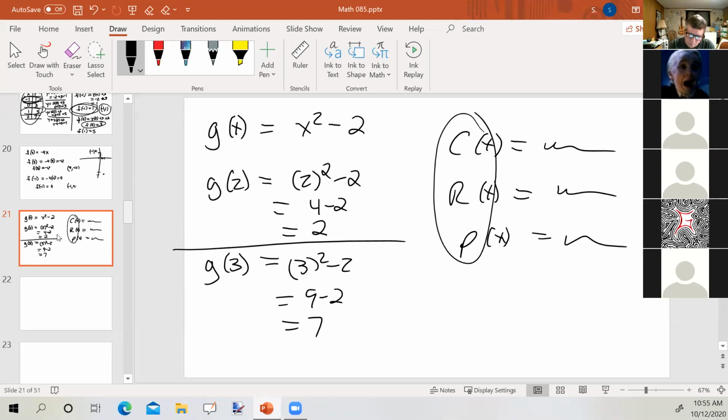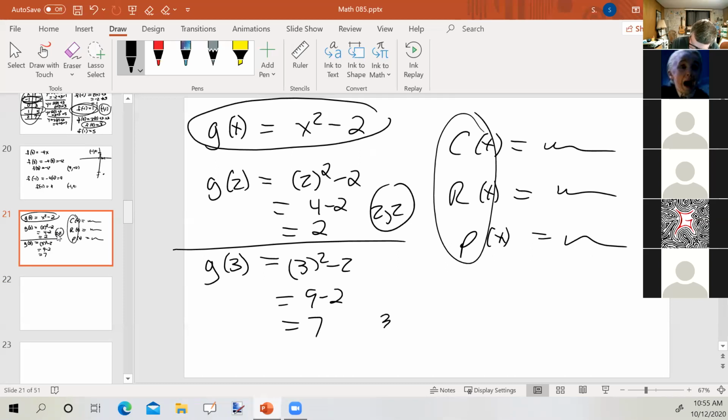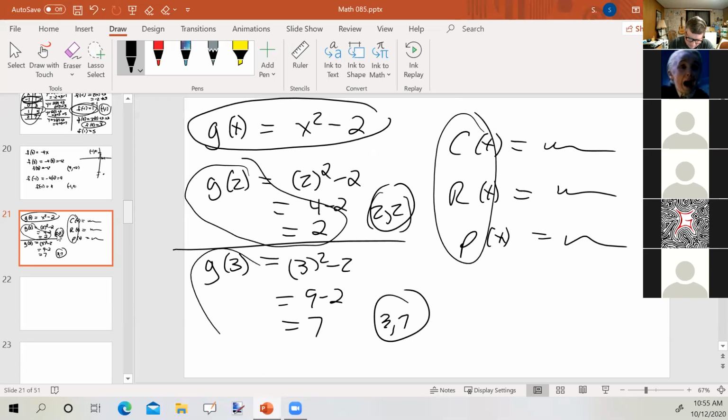If I were to graph this function, the point 2, 2 and 3, 7 would be on that graph. Okay, so g of 2 equals 2, that's like the ordered pair 2, 2. G of 3 equals 7, that's like the ordered pair 3, 7. Any questions? All right.